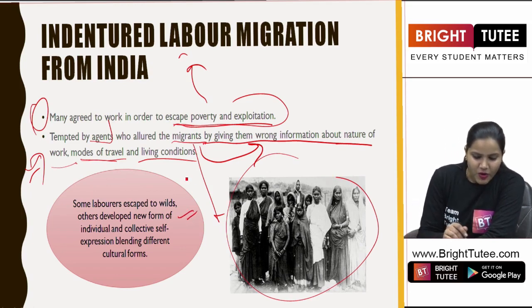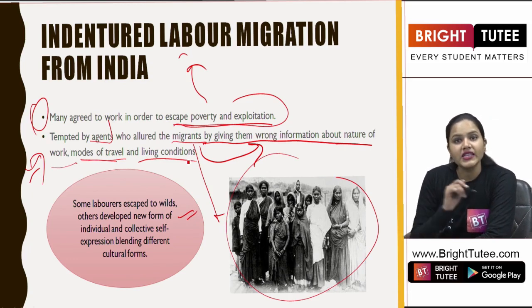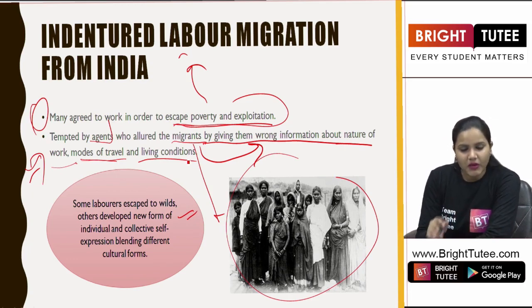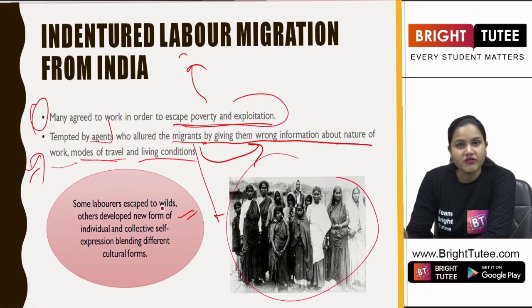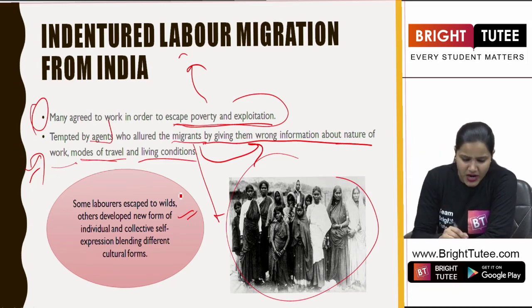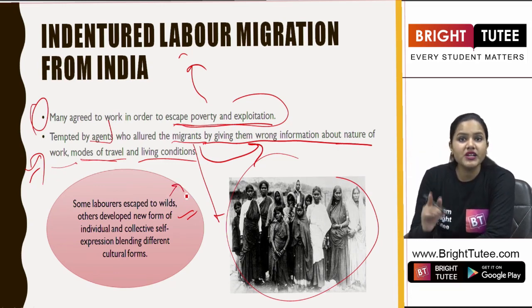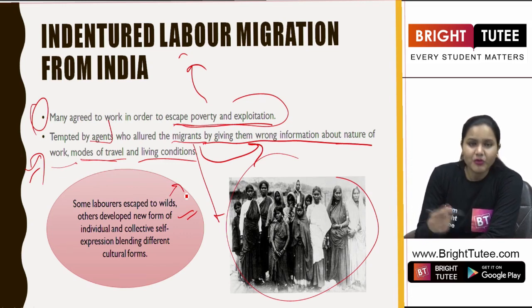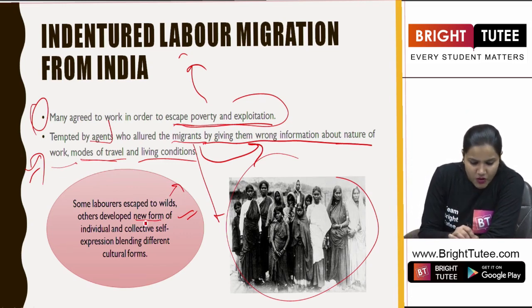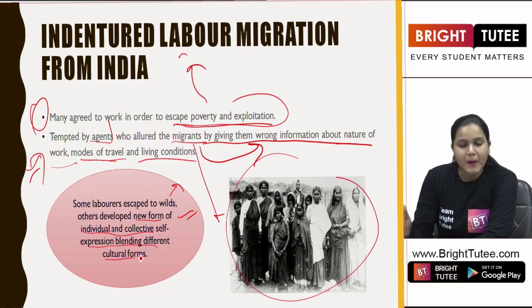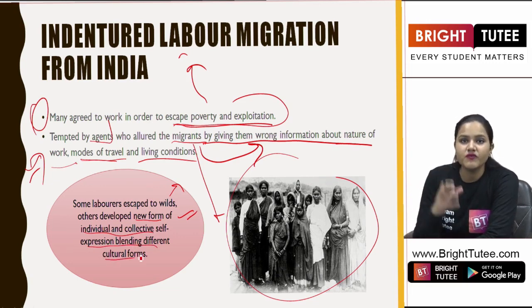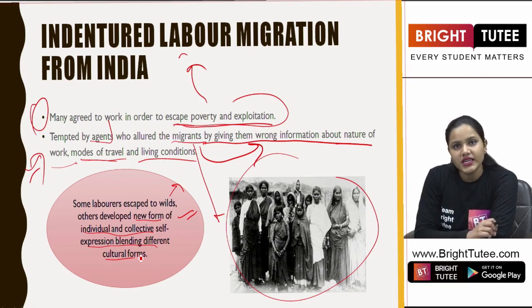Here we see what happened after they arrived at their destination. Some laborers escaped into the wilds, into the jungles, but if they were caught, they were punished severely. But there were others who developed a new form of individual and collective self-expression, blending different cultural forms. Now here what are we seeing?